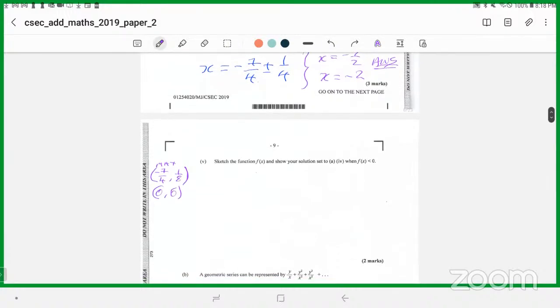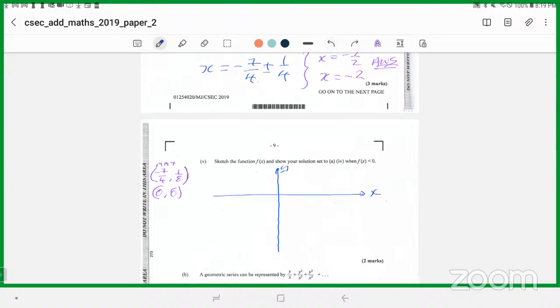So they want us to sketch it. Let's put the y-axis and the x-axis. It has a small maximum value, so it barely goes over the x-axis. So that's the y-axis, that's the x-axis right here.